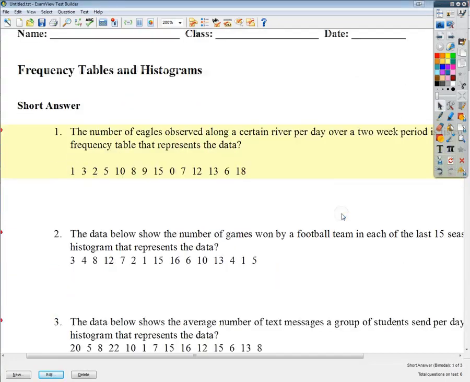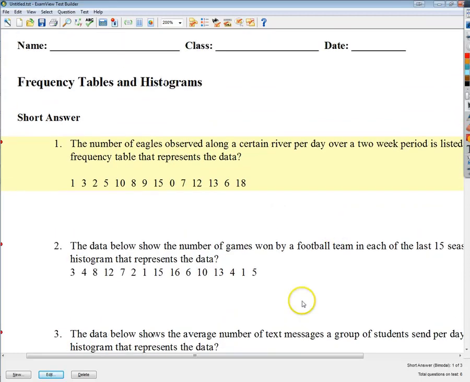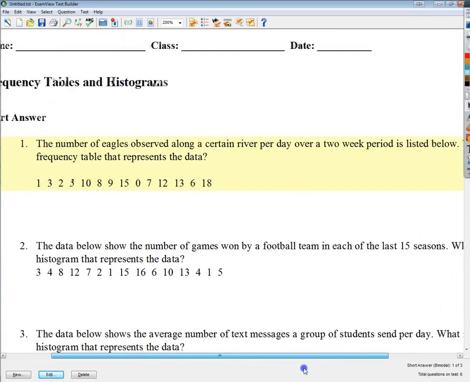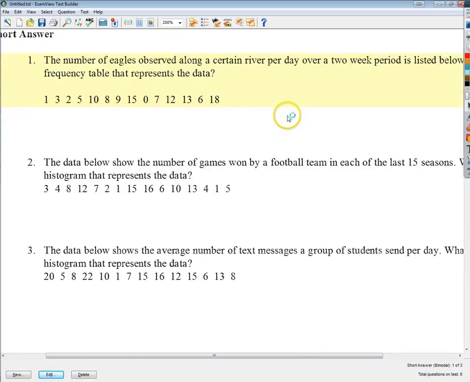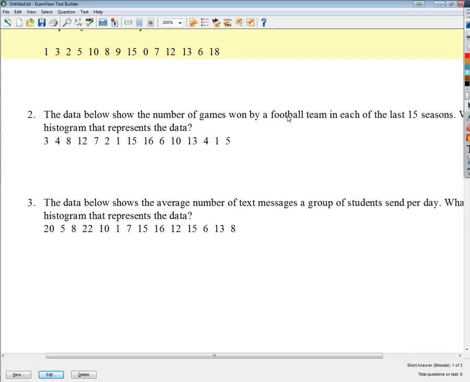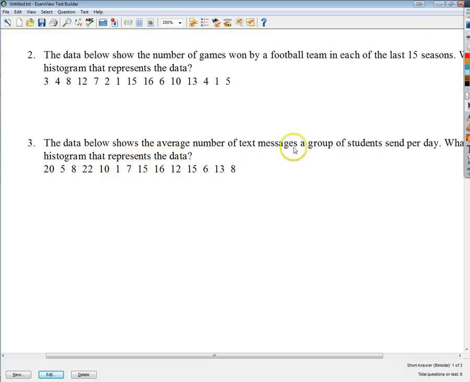Number 2, the data shown below shows the number of games won by a football team in each of the last 15 seasons. I need to make a histogram. To make a histogram, you have to start out making a frequency table because they're very closely related. One's just another version of the other. Actually, I might do the data below showing the average number of text messages a day. That would make more sense because it gives me more room to work it.